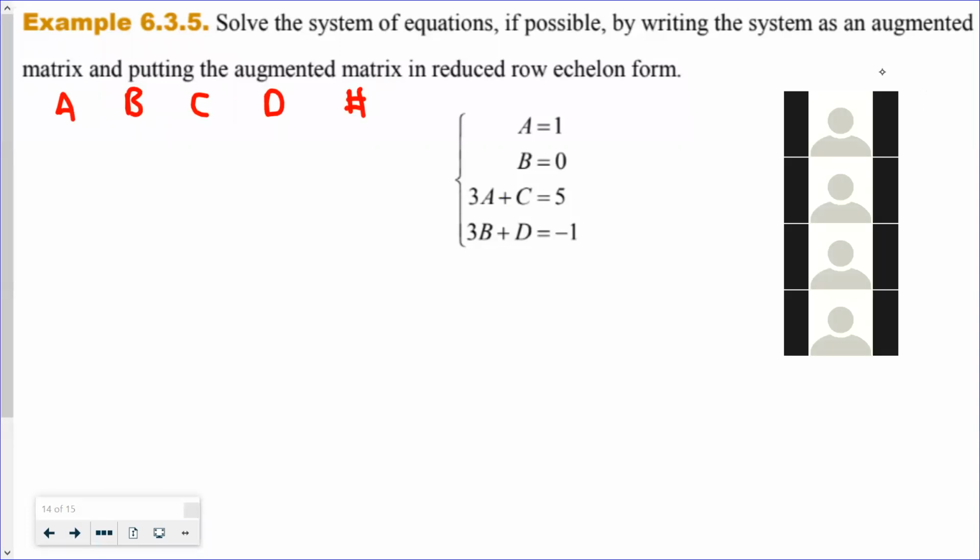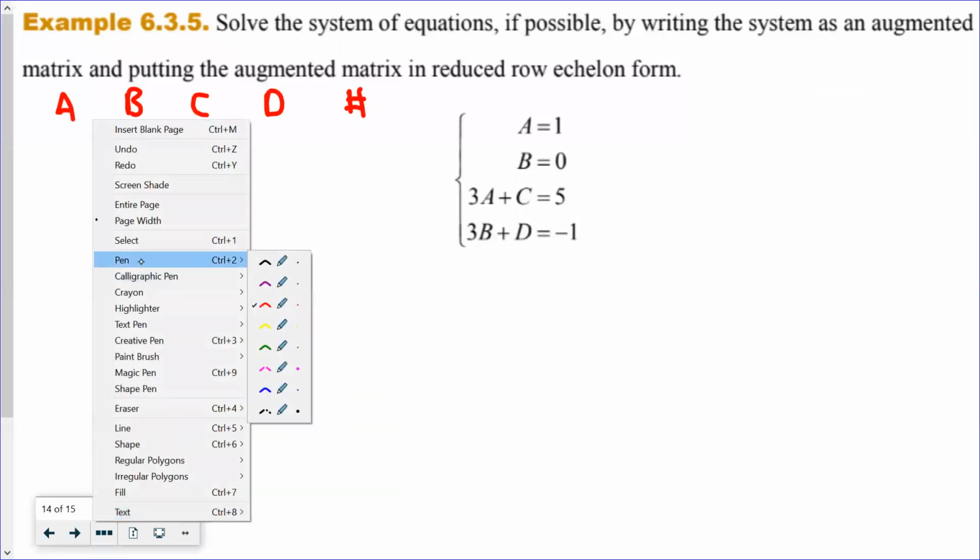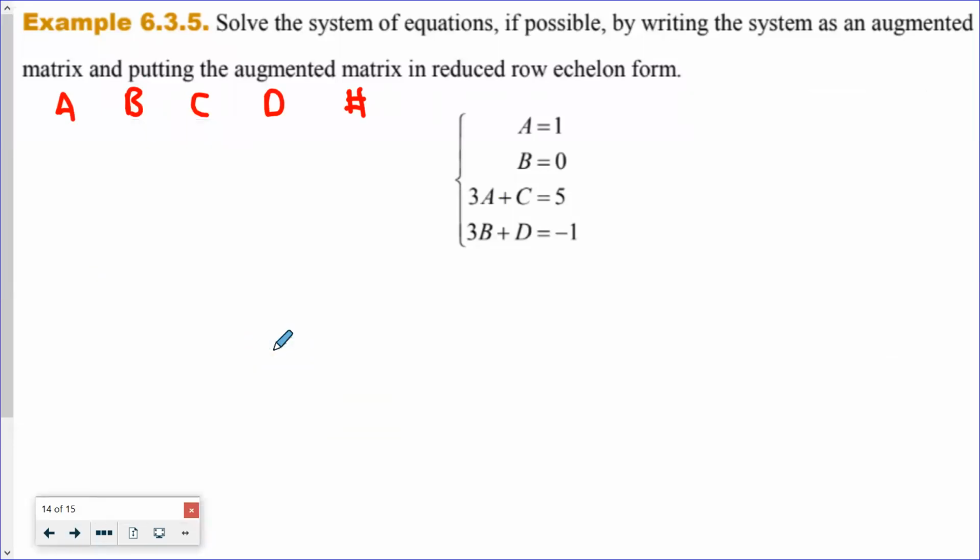Clayton, can you tell me how to write this out? Would it be 1 in the first, and then 0, 0, 0, and then 1? Yep, keep going.